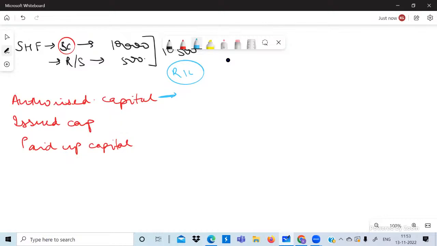So let's say Reliance, when they came out with their IPO in the 70s, they felt that they should have a capital of 1 lakh crore. That's the maximum capital that they can have, 1 lakh crore. Now, this is the maximum capital that you can have. You don't need 1 lakh crore as of today. So let's say you issued only 20,000 crores today.